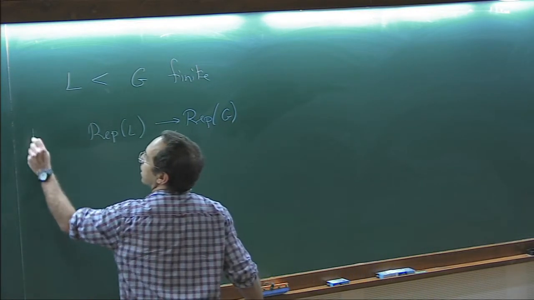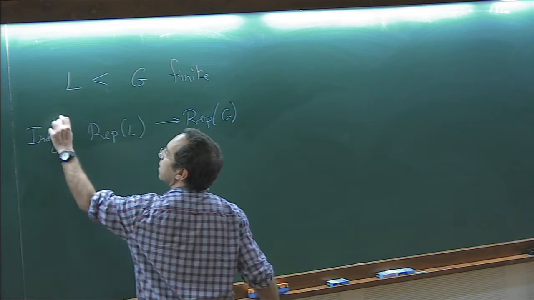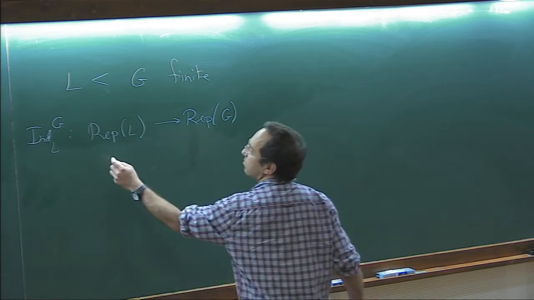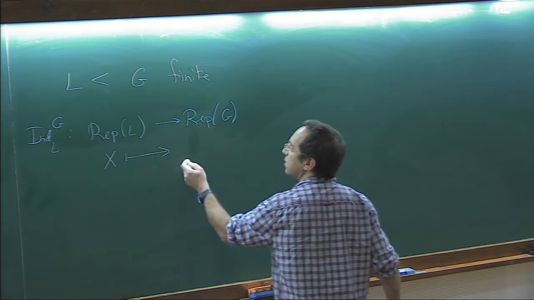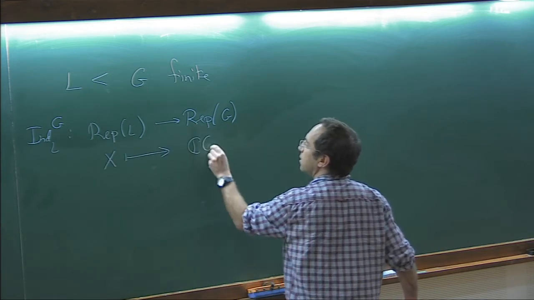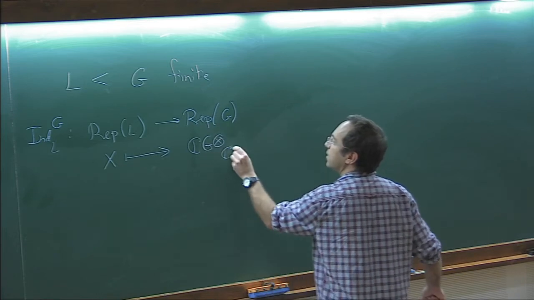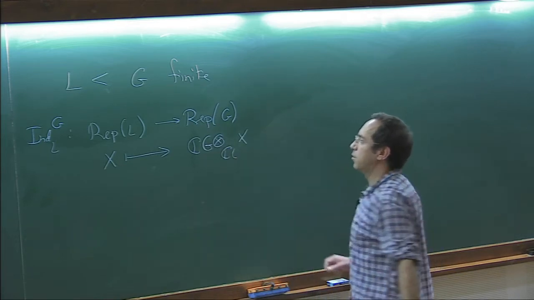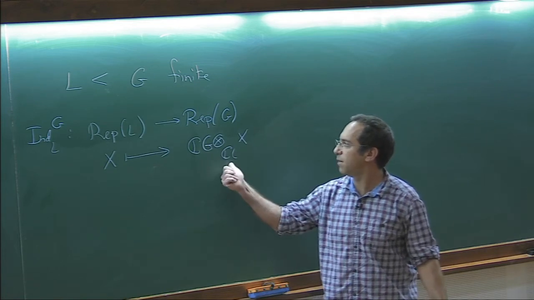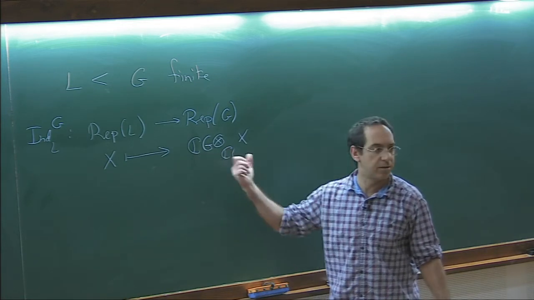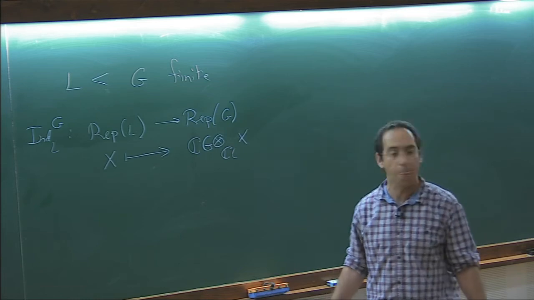So we can have induction from L to G, which is given by: we take a vector space X and send it to CG tensor over CL of X. So we think about CG as a CG-CL bimodule, and we get a representation of G.